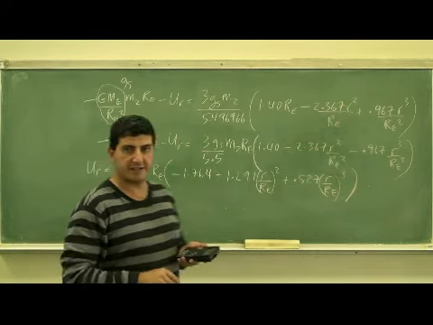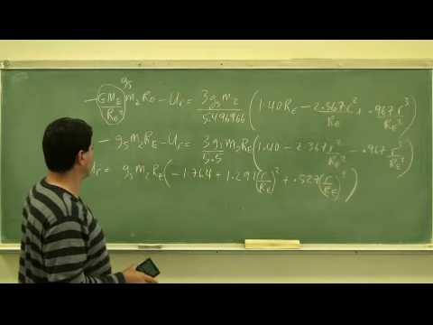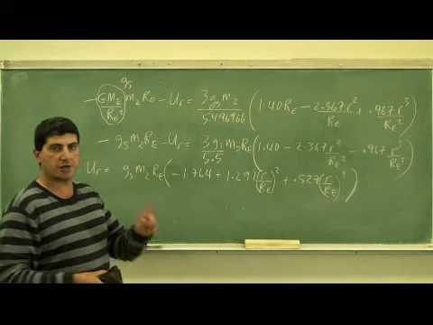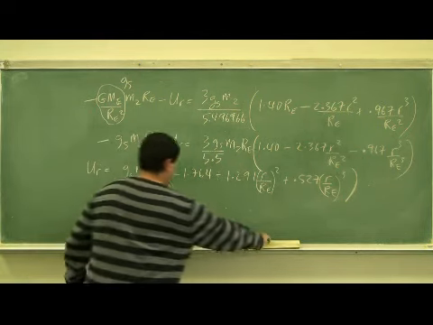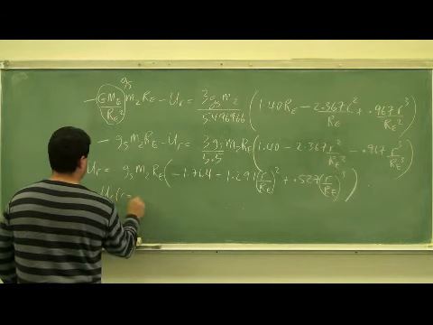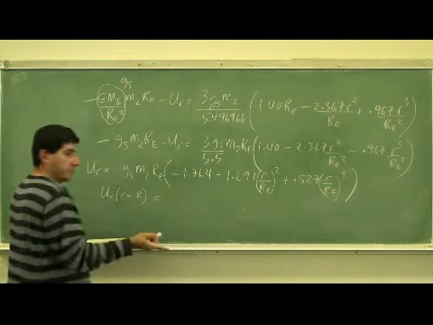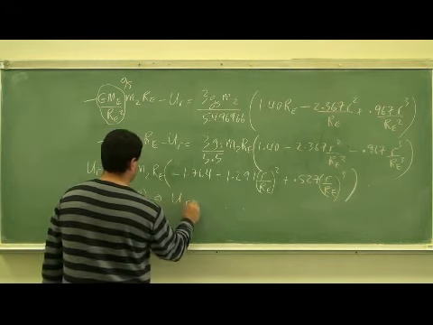So now we can find out what is the potential energy as a function of r inside of the Earth. So if I put R is equal to big R, the radius of the Earth, so the potential energy is going to equal what?